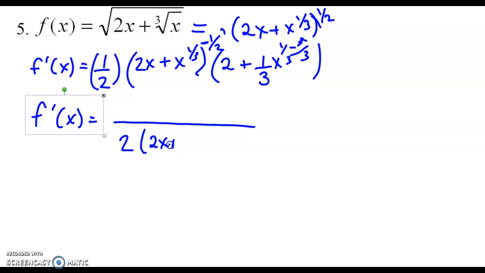We can rewrite that to the power of a half. This is in the numerator, 2 plus 1/3 x, 1/3 minus 2/3. Okay, let me pause this and we'll do the work and discuss it. Okay, I think we will leave it like that, even though there's a fraction there in that numerator.